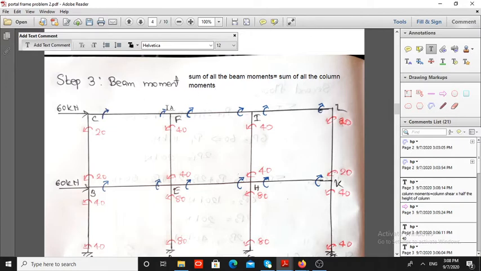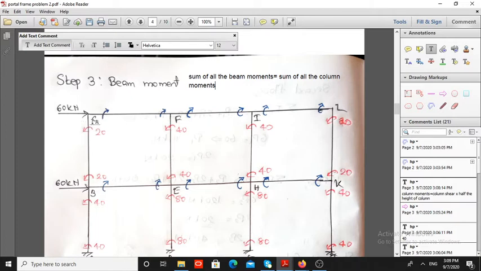Here the column moment is 20 kilonewton meter, so the corresponding beam moment is 20 in the reverse direction. That means the sum of all beam moments should be equal to the column moments.